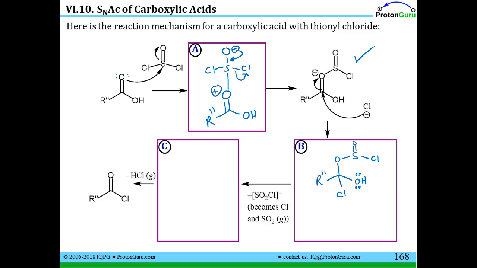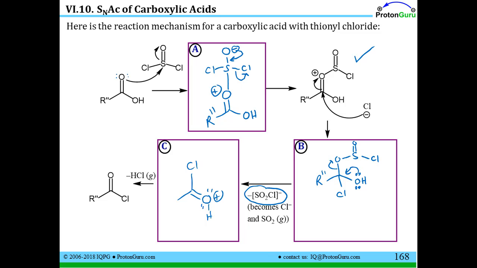Now, this group here happens to be a pretty good leaving group. So what we do is push these electrons up to this compound, and you have an SO2Cl, right, two O's and a Cl on the sulfur, leaving as an anion. Now, initially, that will lead to a protonated version of what we talked about as being our final product. Right, we have the chlorine on there still. The O has a positive charge because we've made a new bond to it.